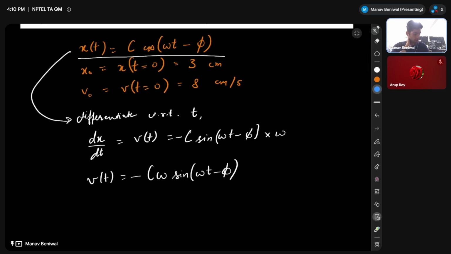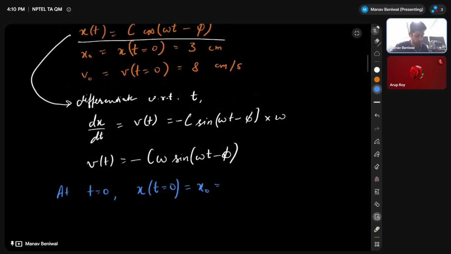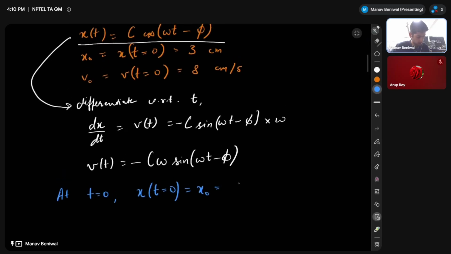So now we have two equations, right? At t equals 0, we can write x at t equals 0, and this is nothing but x naught. So this becomes c cos of minus phi, which is nothing but c cos phi.